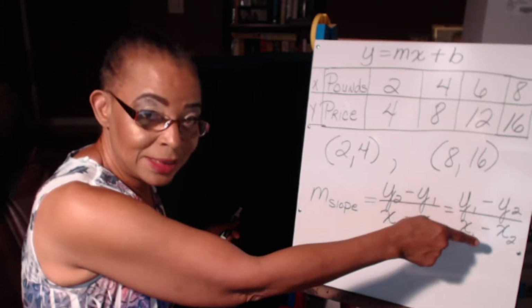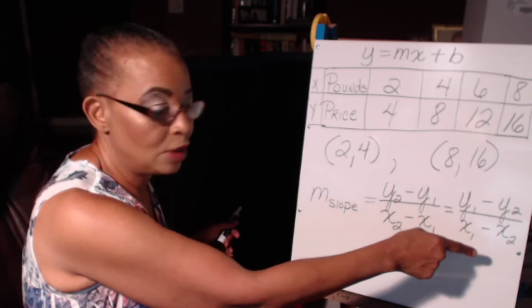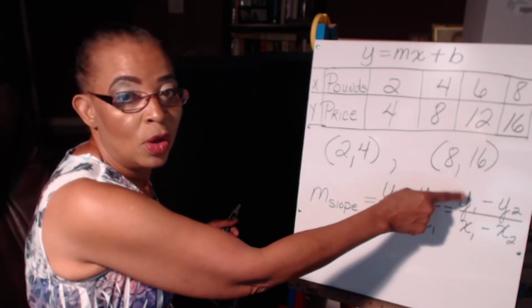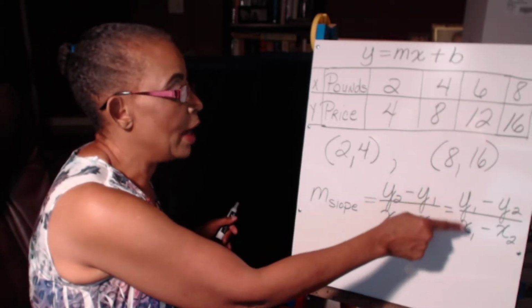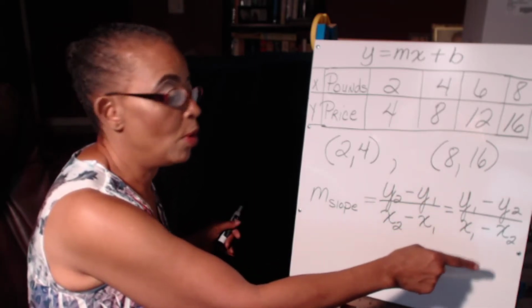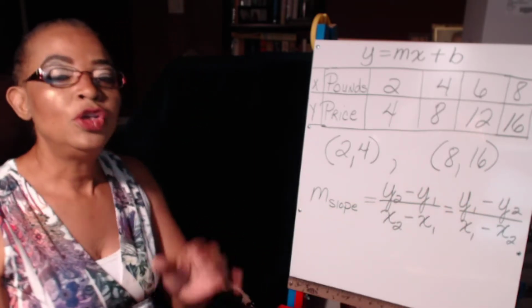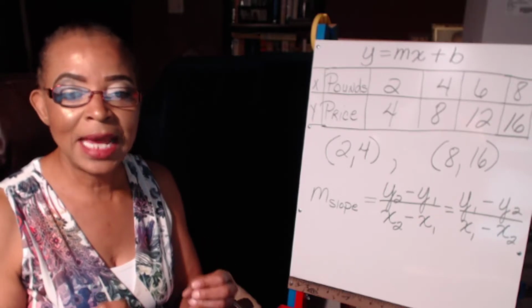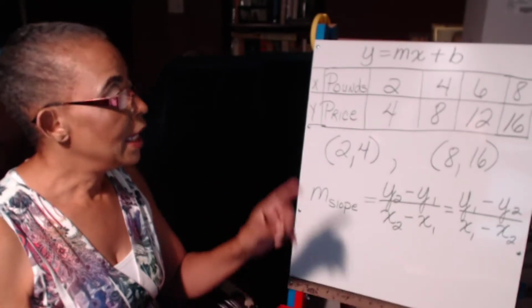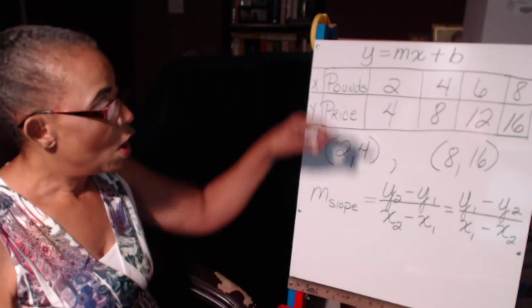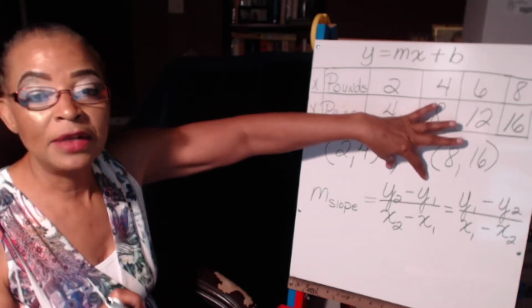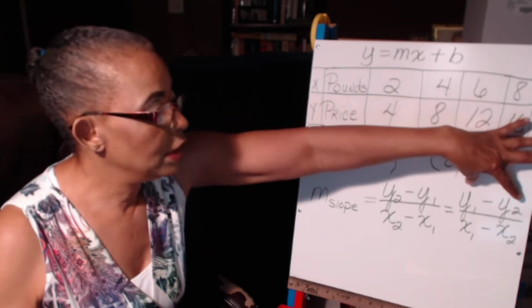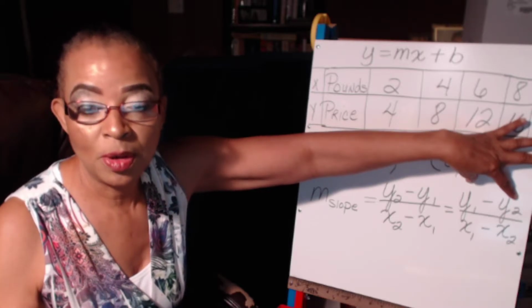With the second version of this equation, I have the first point, y over the x, minus the second point, y over the x. You should get the exact same value, except if something is negative. With this version, the negative may be on top, but with this version, the negative sign will be on the bottom.